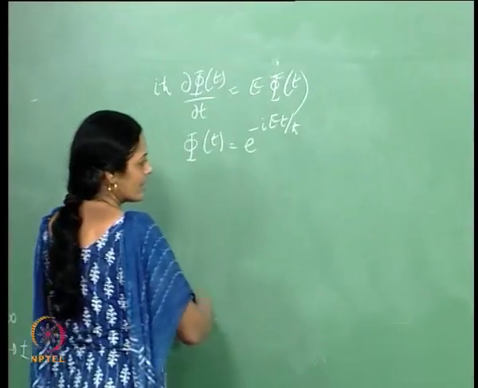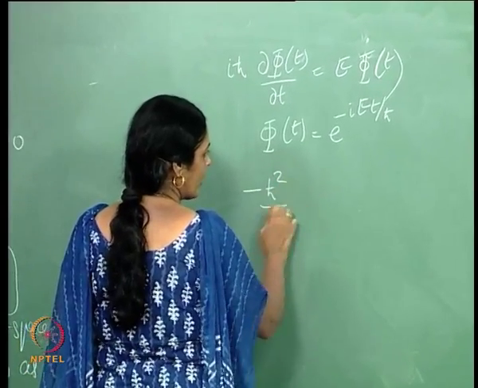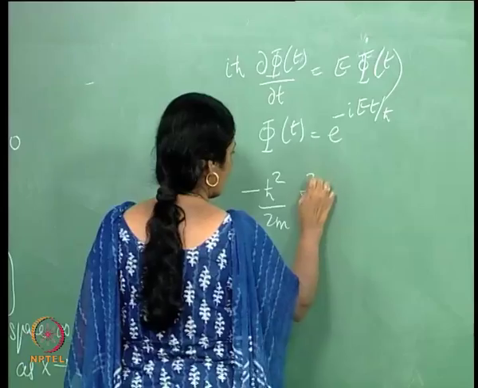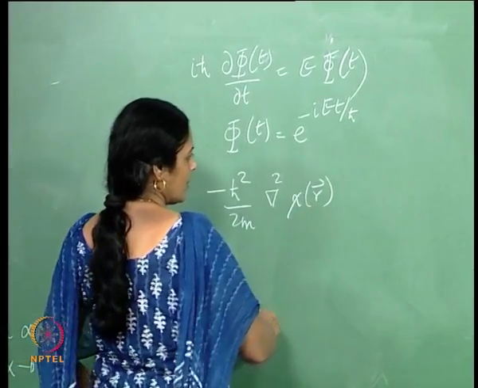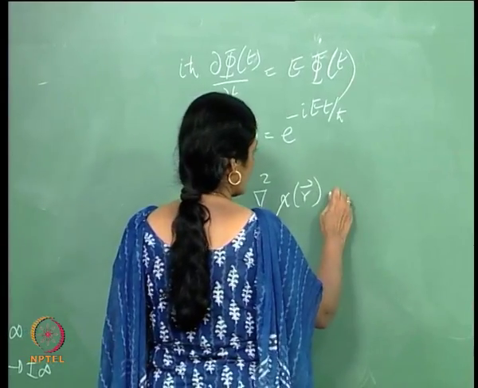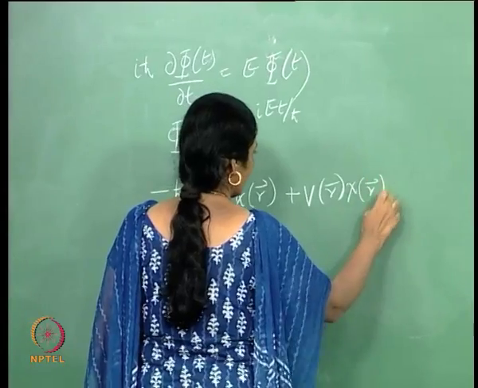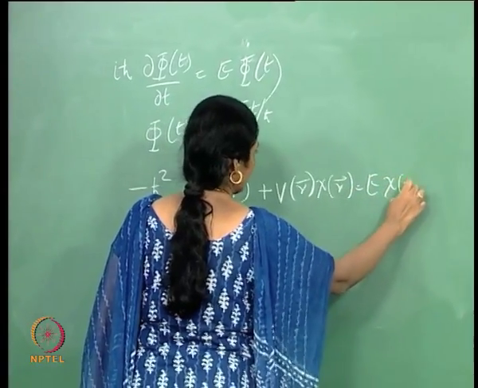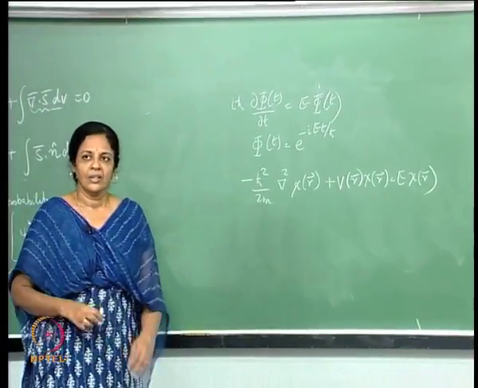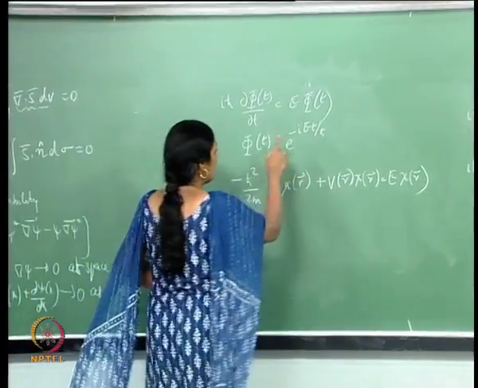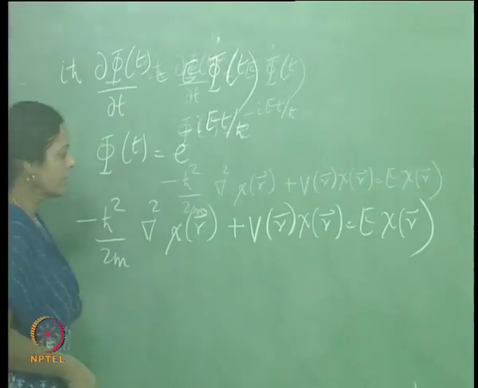Now, as to the right hand side, I have minus ħ squared by 2m del squared χ(r), multiplied throughout by χ(r), plus V(r) χ(r) is E χ(r). So, depending upon the value of the constant E, I am going to have a solution.